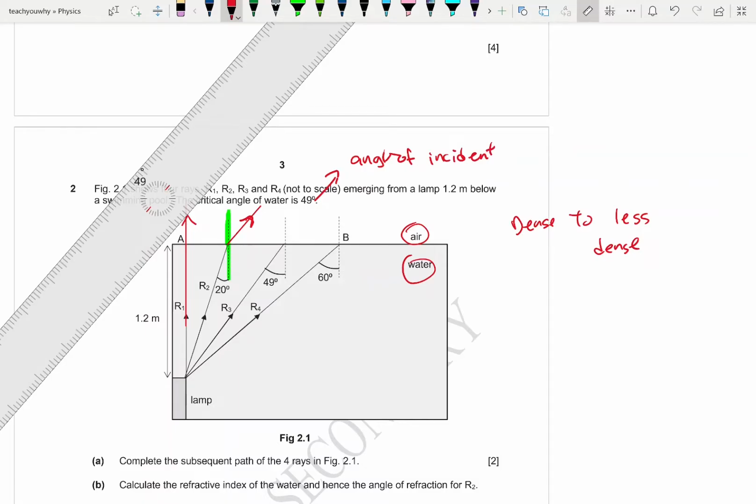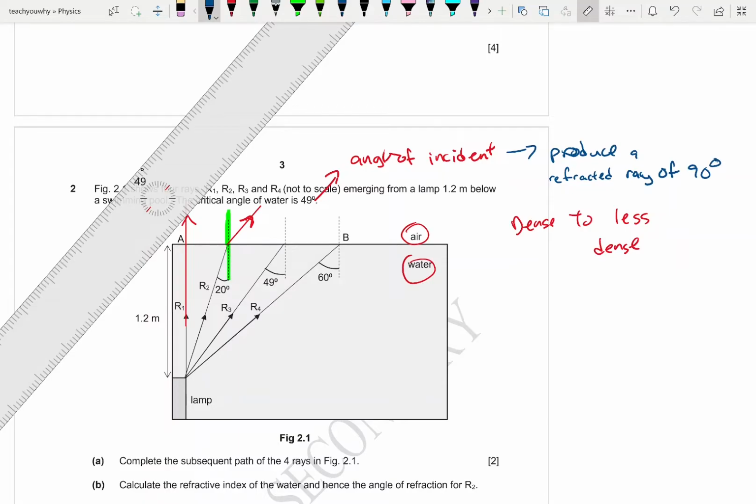Okay, the angle of incidence such that it produces a refracted ray of 90 degrees.